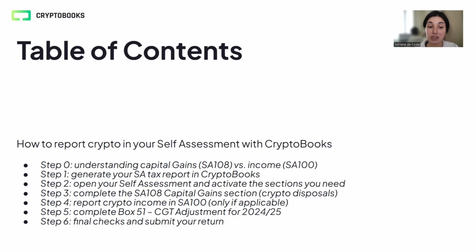The third step is complete the SA108 Capital Gains section, crypto disposals. Then, the fourth step is report crypto income in SA100, but this only happens if applicable. Then, the fifth step is complete Box 51, which is capital gains tax adjustments for the 2024 and 2025 tax year. And the final step, the sixth step, is the final checks and submit your return.